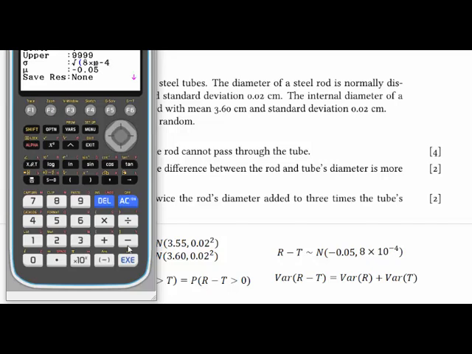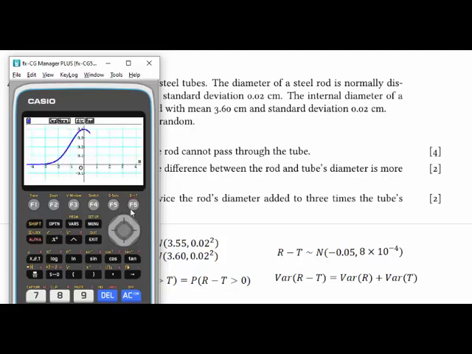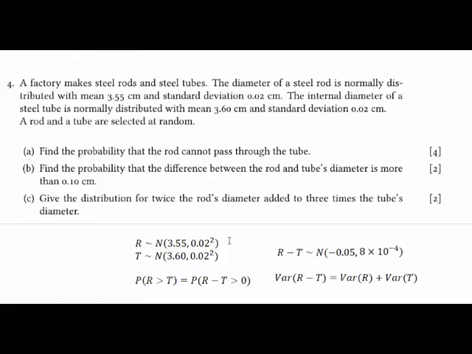Notice I used this minus sign, not that one. 8 times 10 to the minus 4. I've carefully put it in brackets just to be sure. Boom. And then remember, because it's NCD, we go down, down, down and draw it. And we get a nice diagram, which you should copy onto your script, and there's the answer, 3.85%.